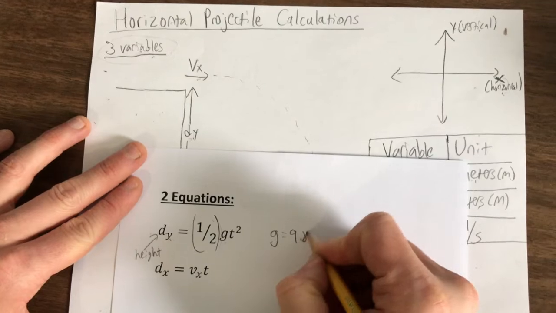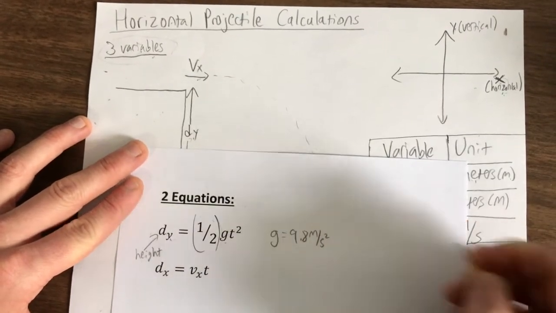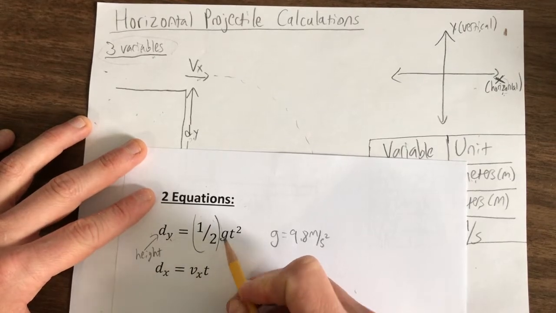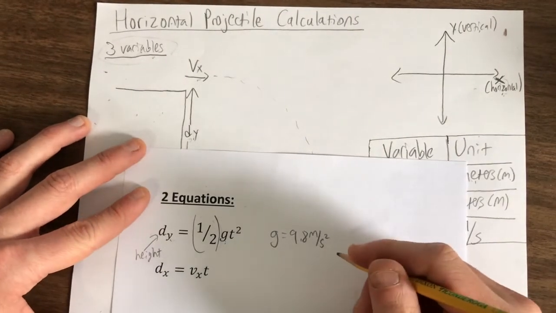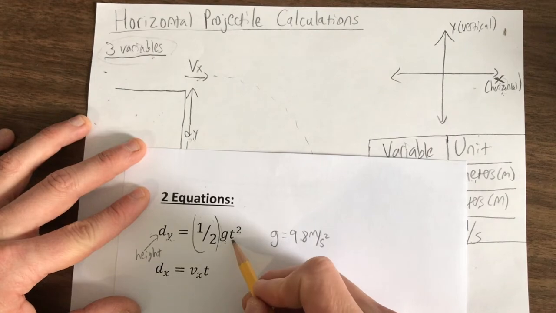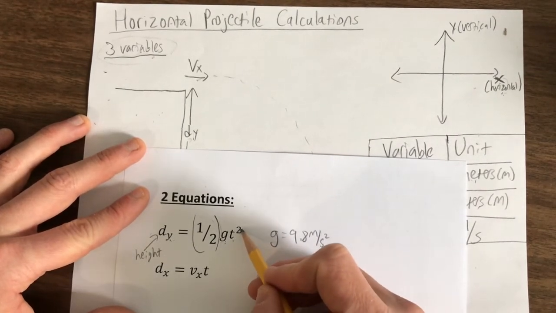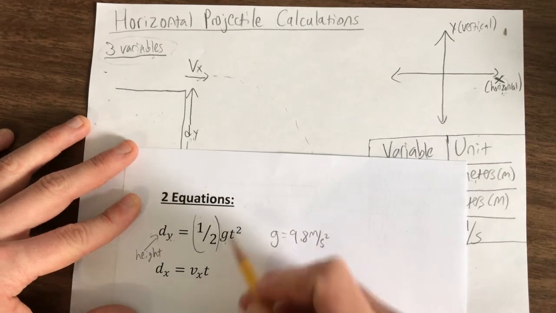Times g. Remember, g is equal to 9.8. It's the acceleration from gravity. Remember, half of 9.8 is 4.9. You could use that number if you'd like there. Times t squared, right? Only the time is squared. So you're familiar with the equation, hopefully.